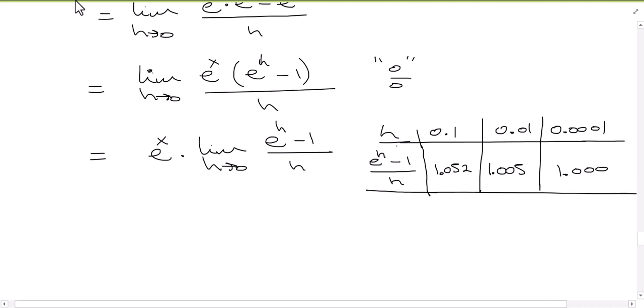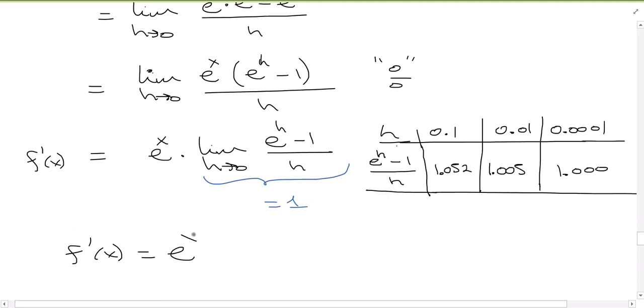So one of the things then that we can say is that the limit as h goes to 0 of e to the h minus 1 over h is going to get closer to 1. And so what we were doing here was finding the derivative of e to the x. Once I find this limit is 1, I'm just going to get e to the x times 1, which is just e to the x.